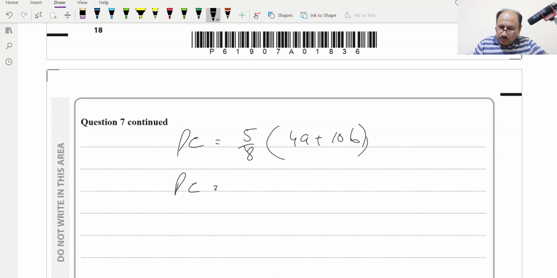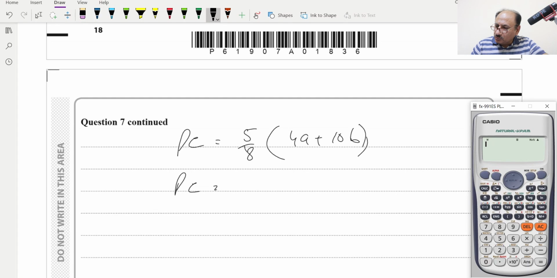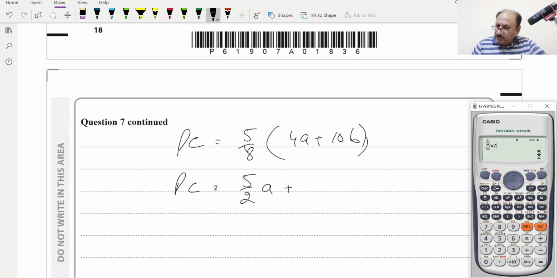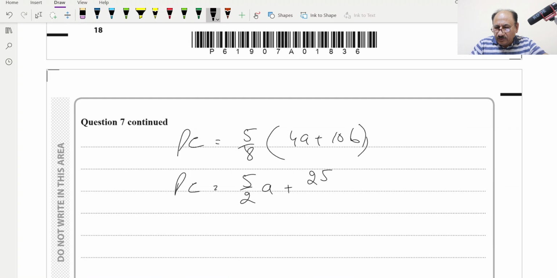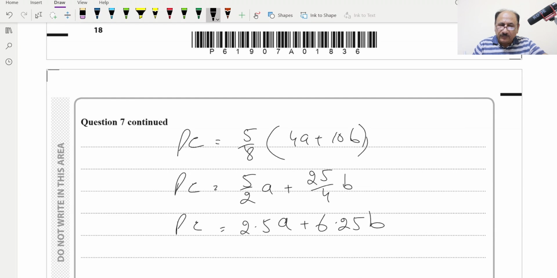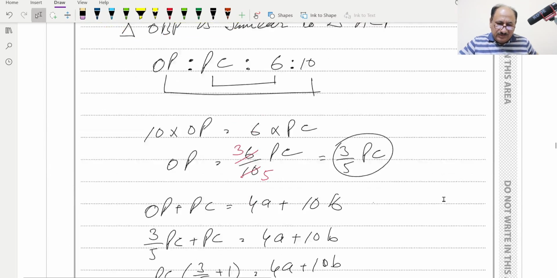So PC is equal to 5 by 8 into 4, so 5 over 8 multiplied by 4 is equal to 5 by 2, so we can write here 5 by 2a, plus this will be 50 over 8, so 50 divided by 8 will be equal to 25 by 4, so 25 by 4b. We can write PC is equal to 2.5a plus this one in decimal will be 6.25b, and this will be basically PC in terms of a and b.